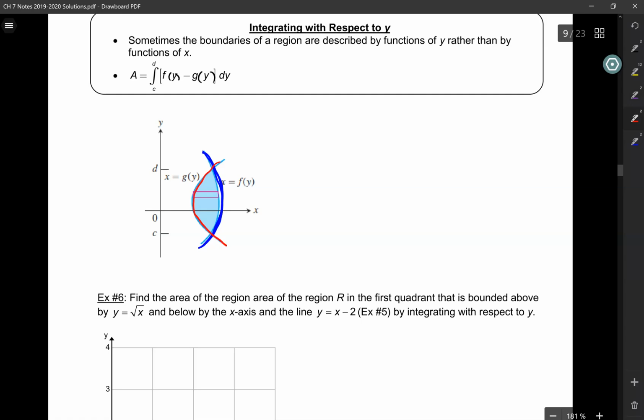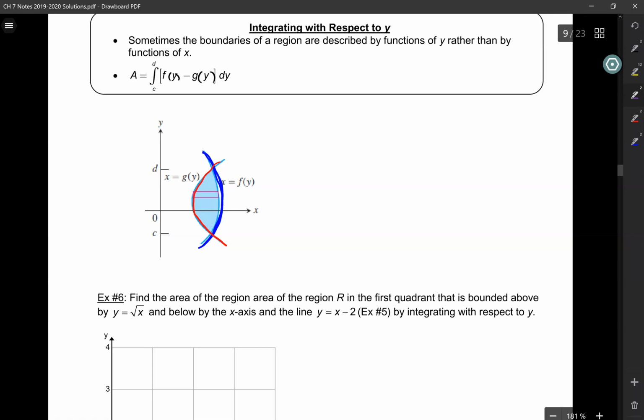If I went top to bottom, here I have red on top, red on the bottom. Here it's a different story, and then here I have blue on top, blue on the bottom. So boundaries are shifting, functions are shifting.